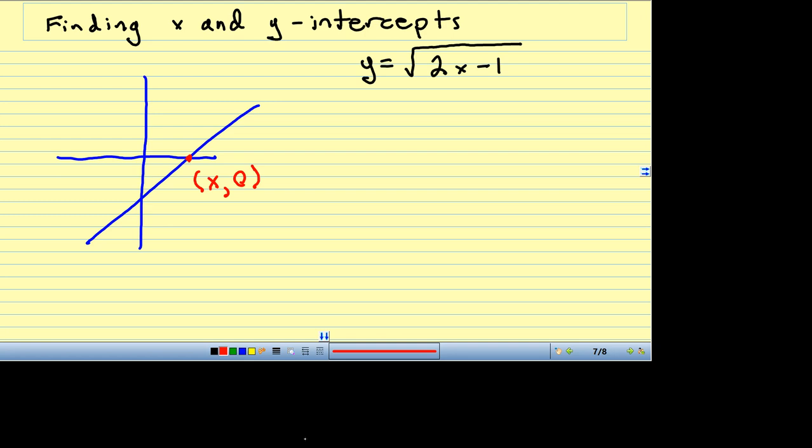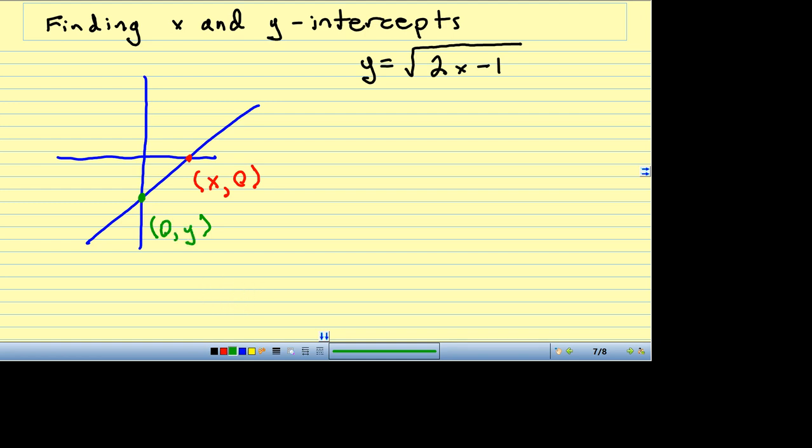And just like it, I've got my y-intercept right here. And if I plot it, or shall I say write out the Cartesian coordinates, my x value is 0.